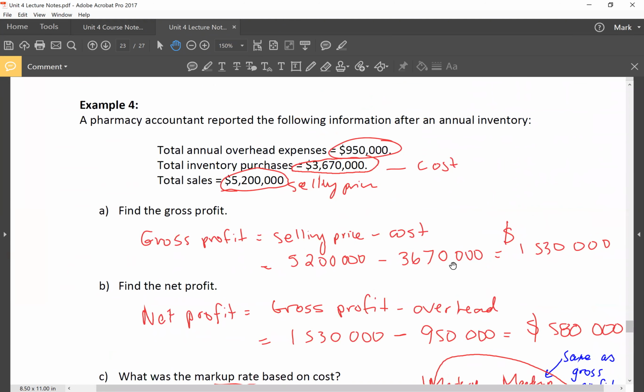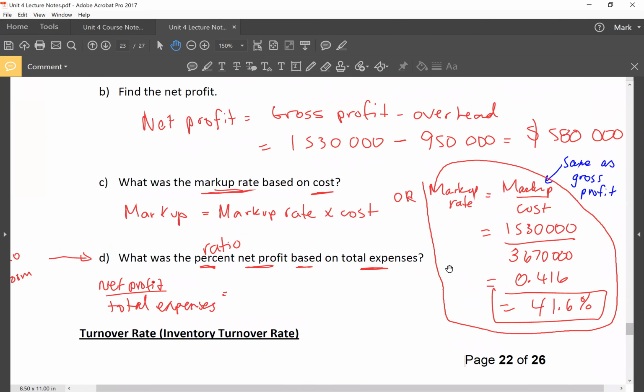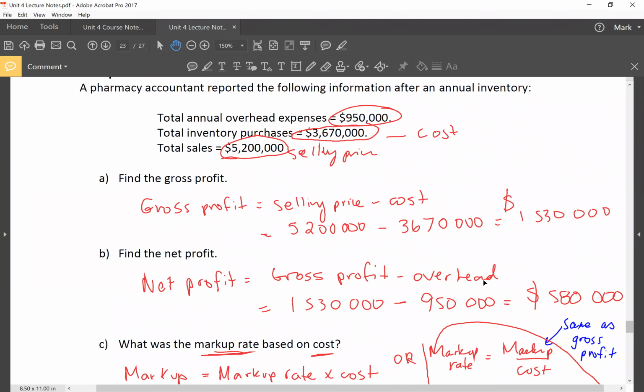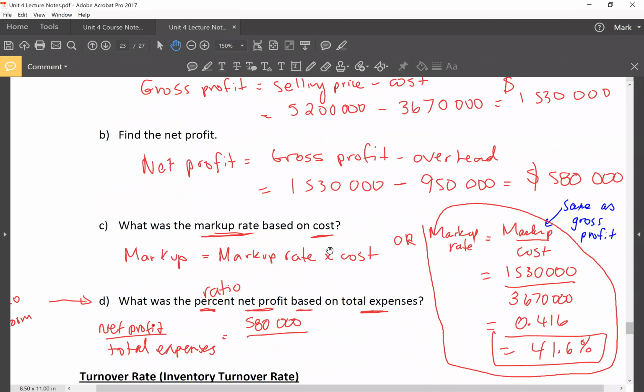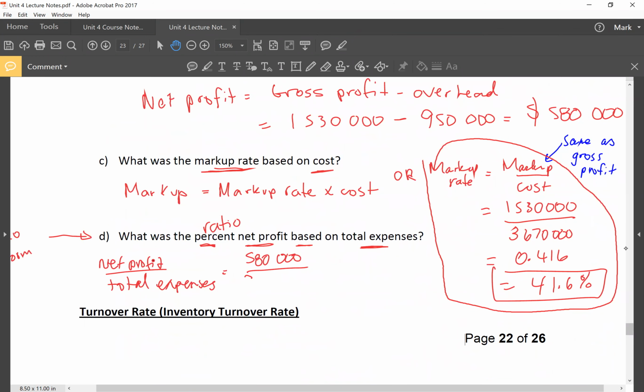Okay, so net profit comes from question B. So I know my net profit is 580,000. Now my total expenses, what are those? Well, my total expenses is all of the money I spent. So it's going to be 95,000 for the overhead plus the cost.